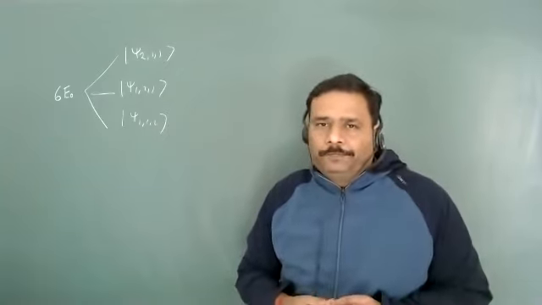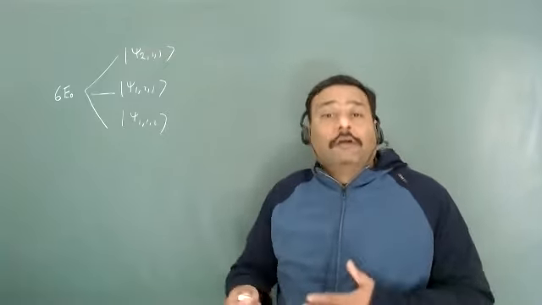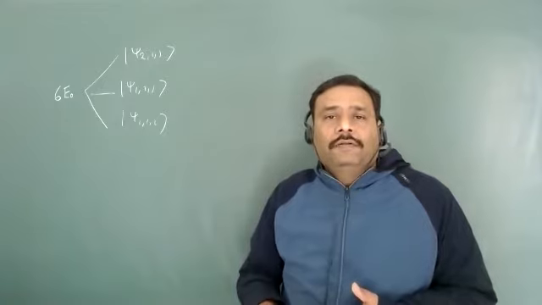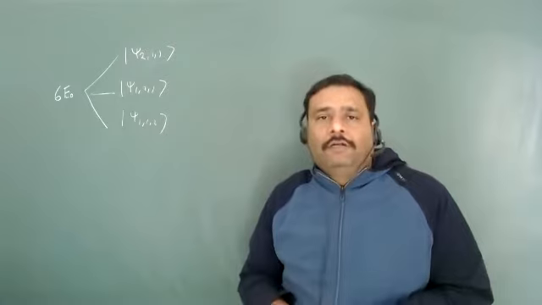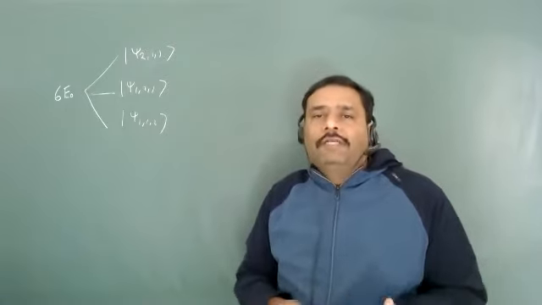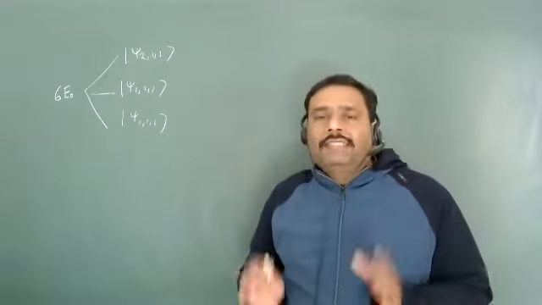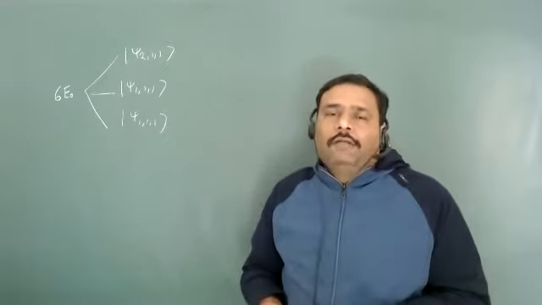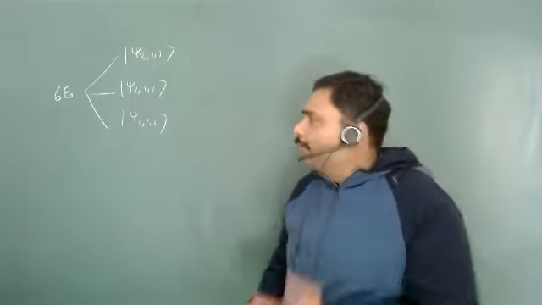Yes? Because energy eigenfunctions are orthonormal in nature and they are also eigenfunctions of H naught. So if we try to find all possible matrix elements of H naught, then what will you get? You will get the eigenvalue in the diagonal term, isn't it?